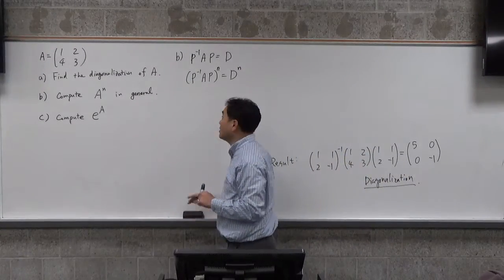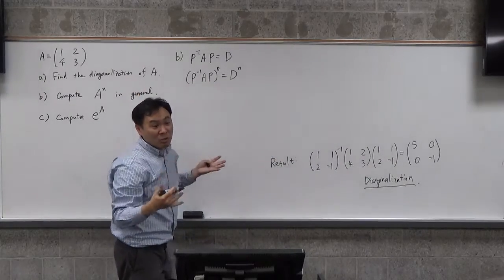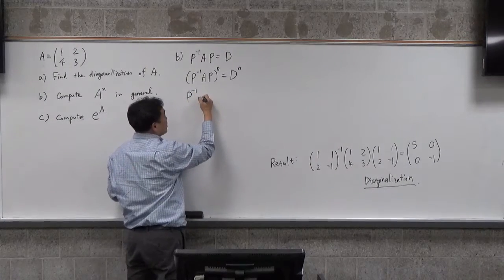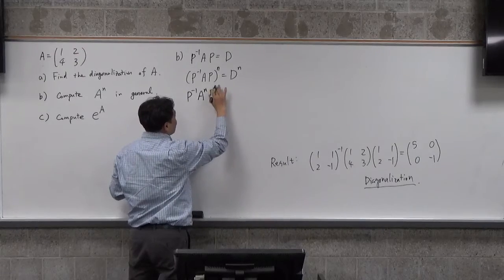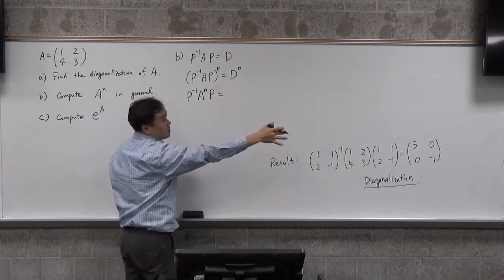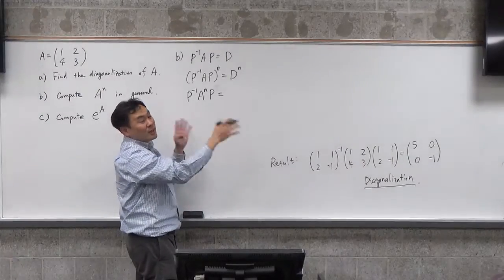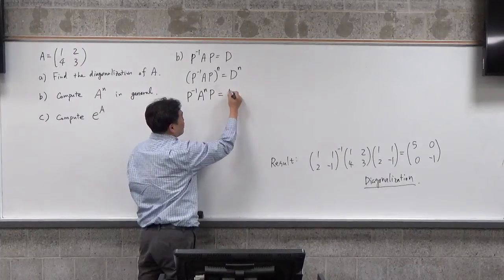It'll expand, so if you write this n times, all the P's in between will cancel out. You only have P that survives on the far right, P inverse surviving on the far left. They can't cancel because matrices are not commutative. And this is D to the n.